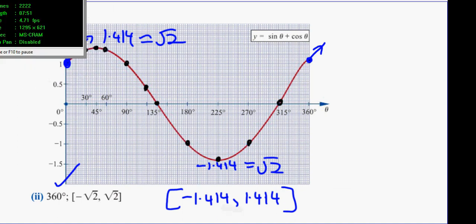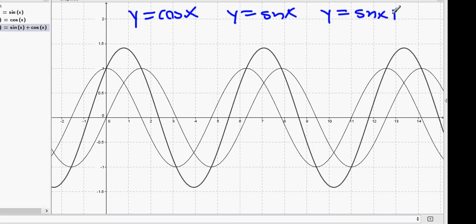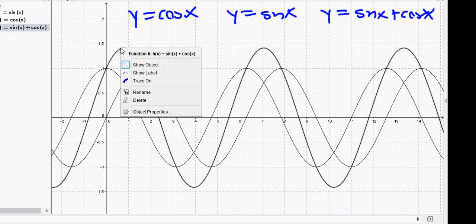Now, what we have here is 3 graphs drawn. We have y equals cos x, y equals sin x, and y equals sin x plus cos x. Okay, now I might try and change the colour on it.